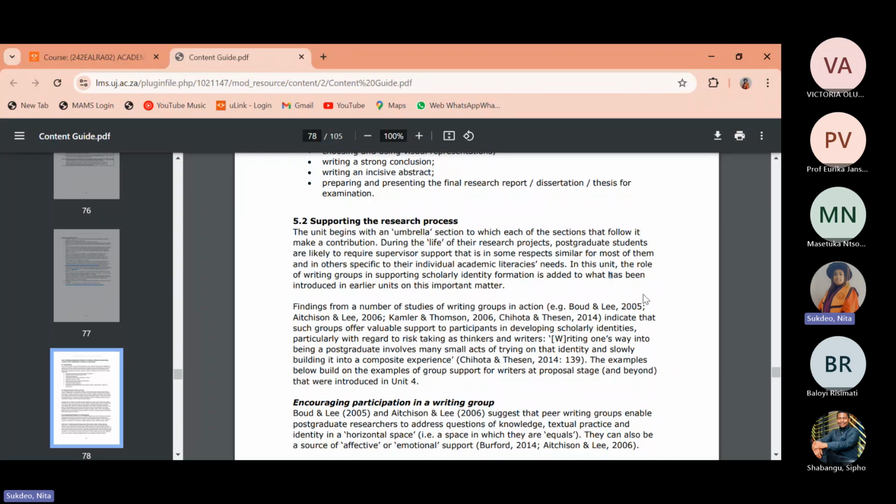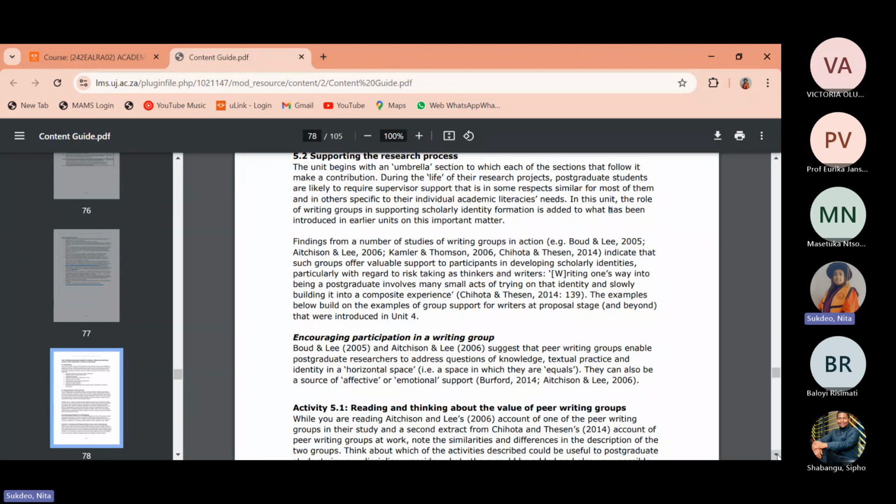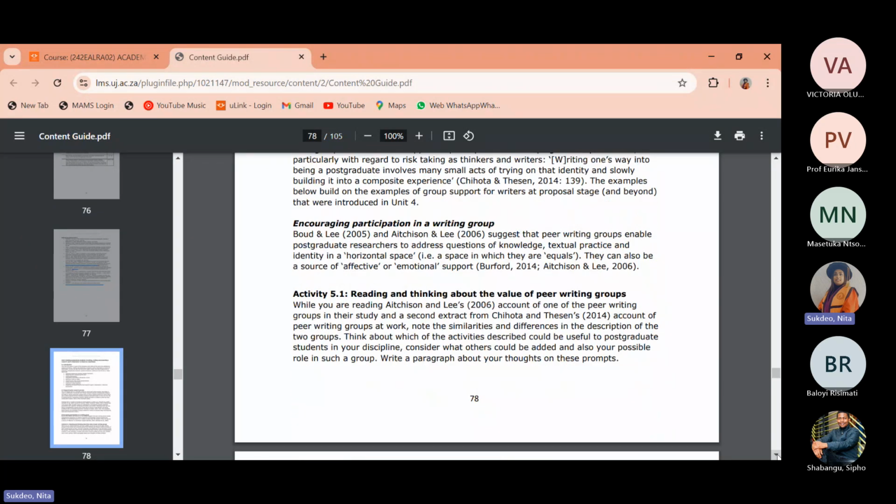All right. So this basically looks at the lifespan of the researcher or the student throughout their research journey. We read everything there was to know about academic literacies, what should be included, what should not be included, ways to improve, and so on. We spoke about working in groups and encouraging participation, first of all.